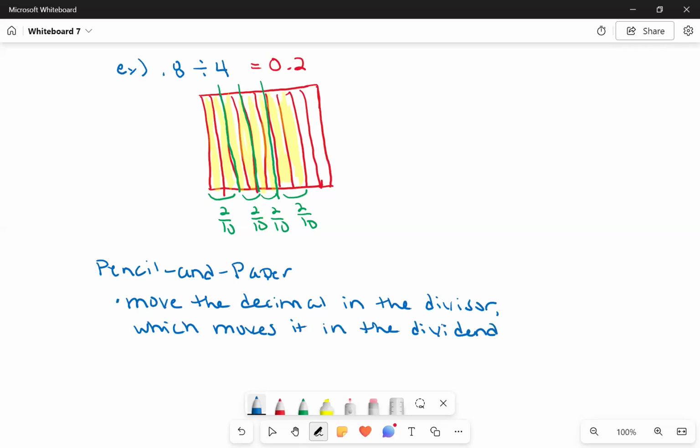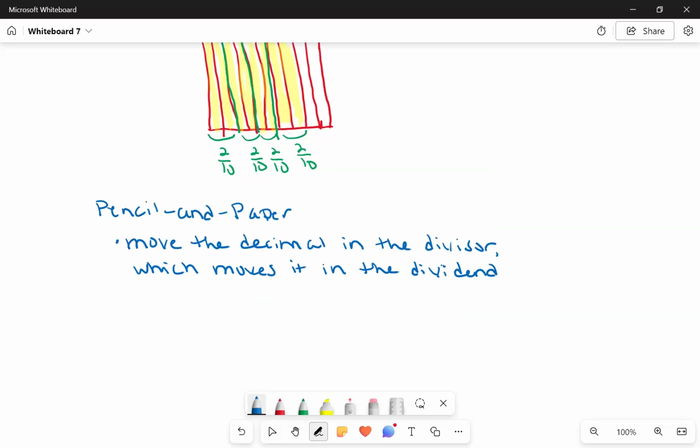Then divide normal. And then bring the decimal up.